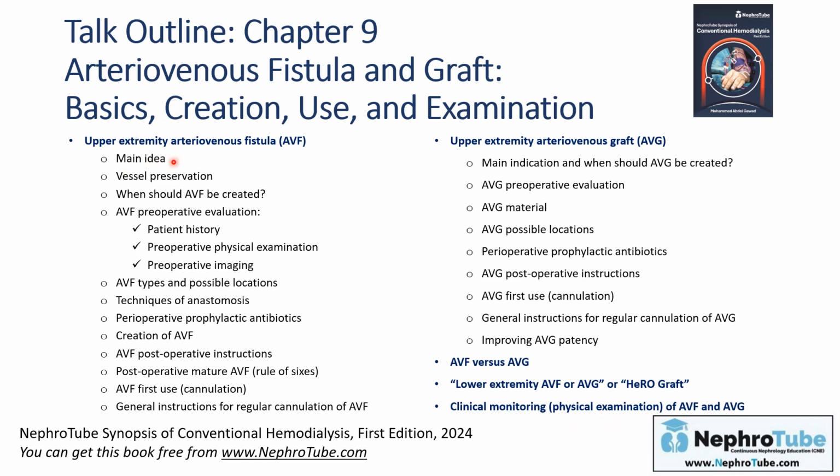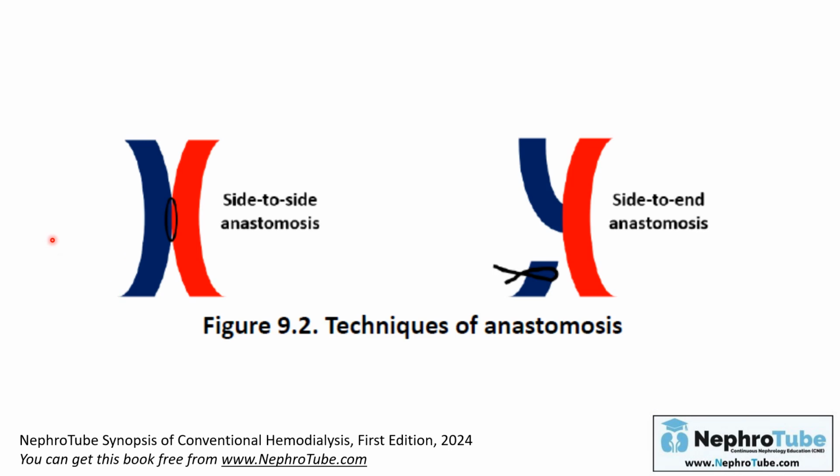Starting by upper extremity arteriovenous fistula. What is the main idea of the arteriovenous fistula? In hemodialysis, we want to withdraw the blood from the patient to the hemodialysis machine, then to return this blood back to the patient.